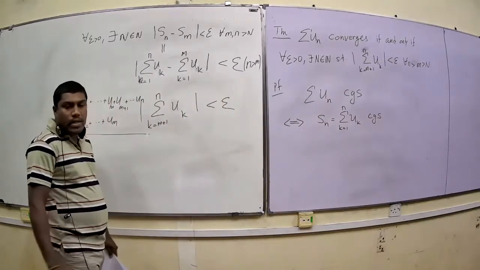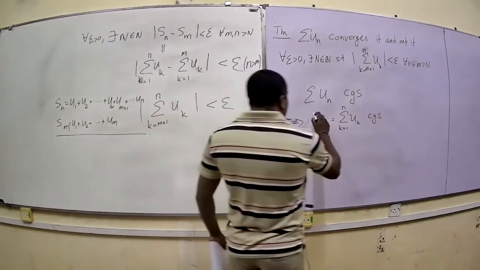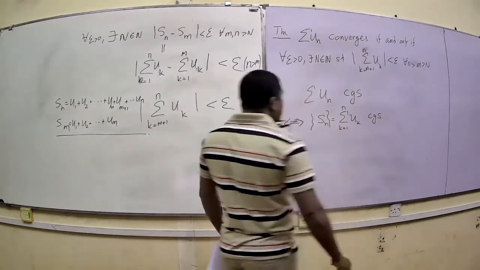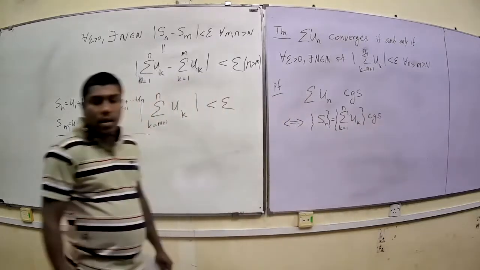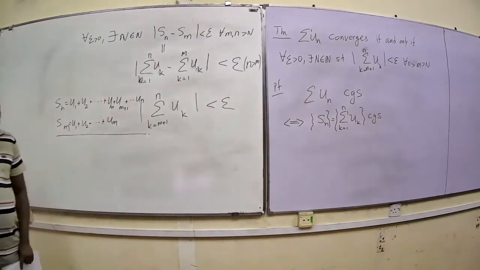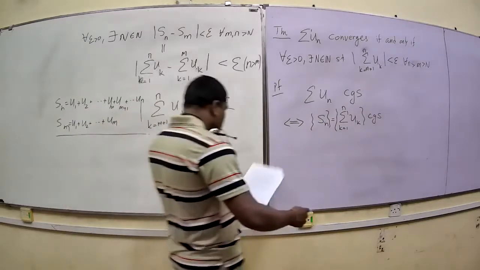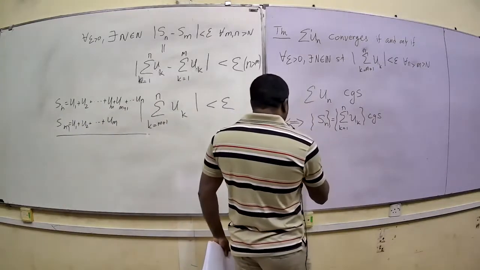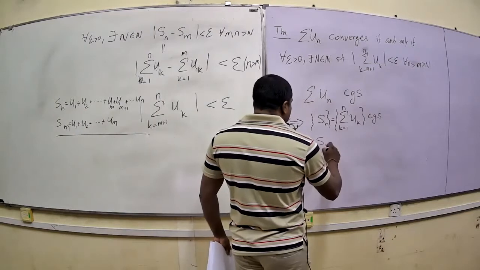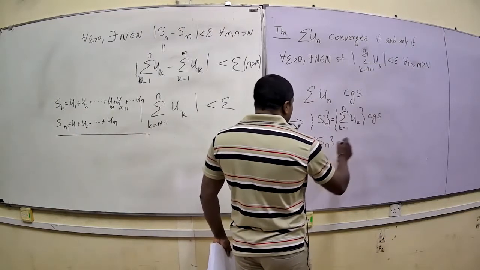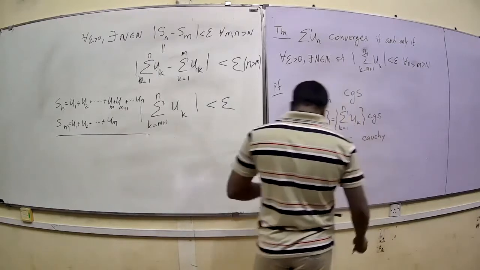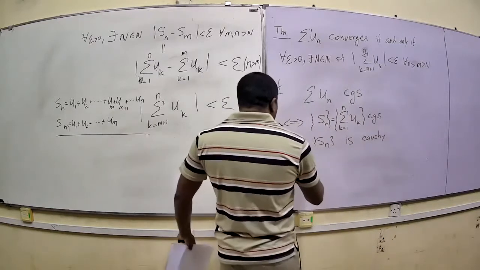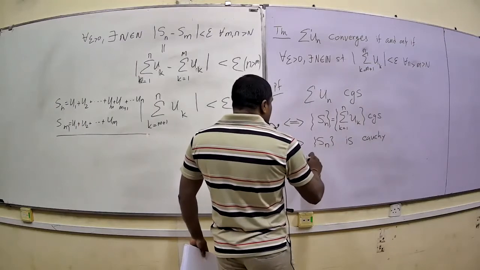So you know that the sequence converges, so the sequence is basically convergent. Then you know the sequence is Cauchy. So you can write the definition.